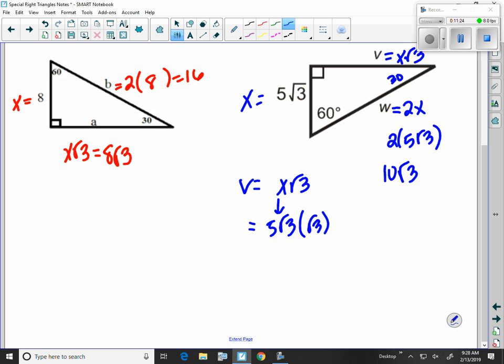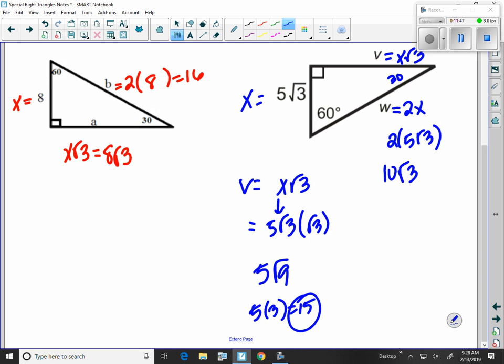My square roots. So I'll have square root of 9. But what is the square root of 9? 3. So we'll have 5 times 3, which is 15. Okay, so it's a lot of just matching up sides and simplifying.